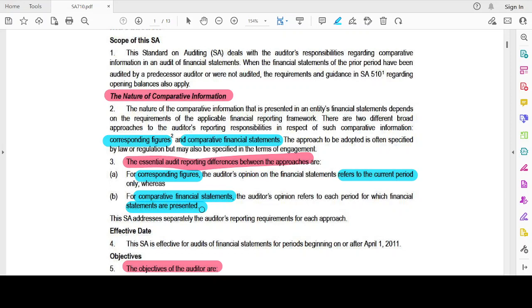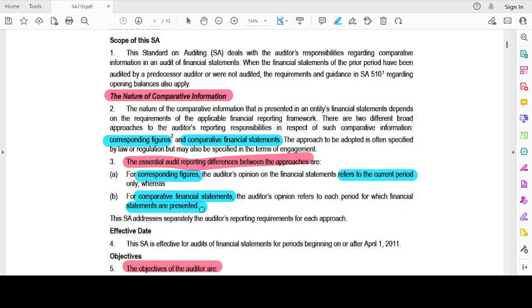Now, corresponding figures are generally like this, for example: a particular matter is given as a key audit matter, and I am going to refer to some note to the financial statements. That note gives, let it be, salary expense or employee benefit expenses. So it has been given for some 5 preceding years.